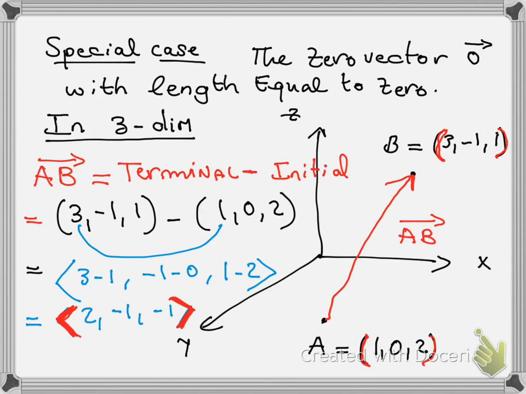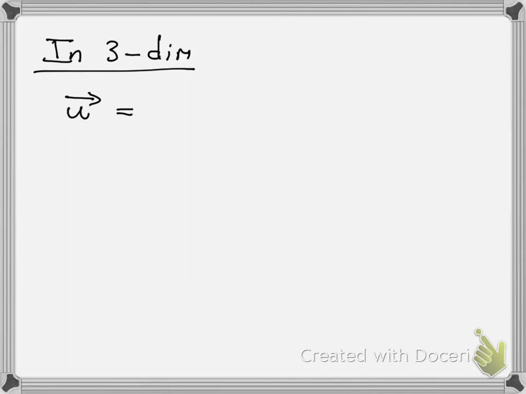We can also compute the magnitude of a vector. We are in 3-dimensional space, so we have this vector u, and we denote it using these angles.